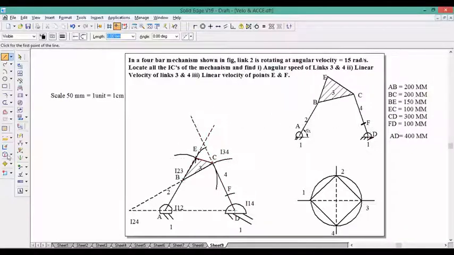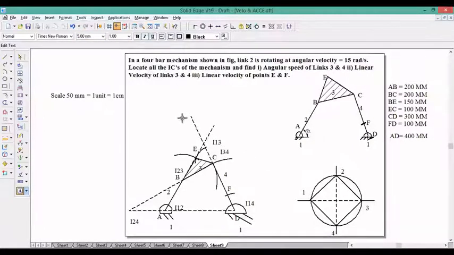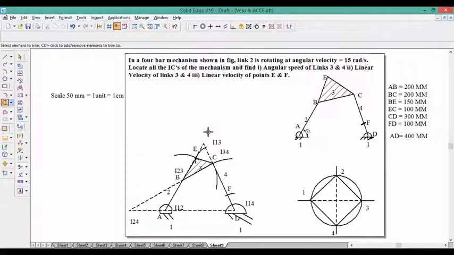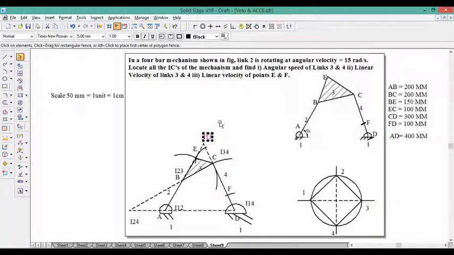Wherever these two intersect, that will be I13. I'll trim the extra lines just to avoid confusion. So I13 will be the intersection of these two produced lines.